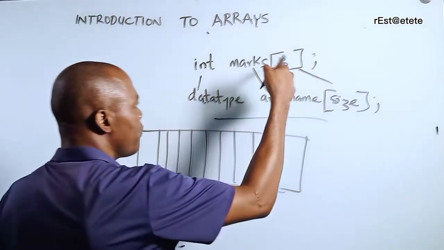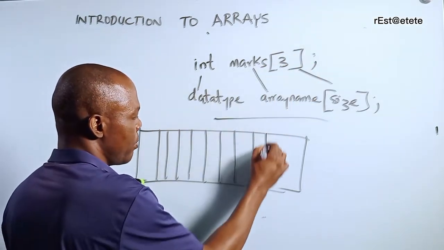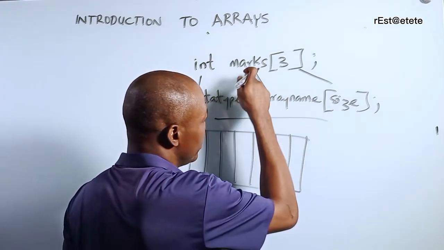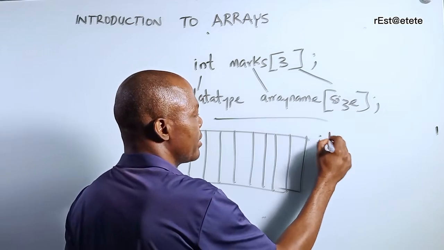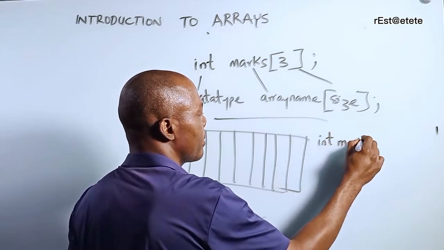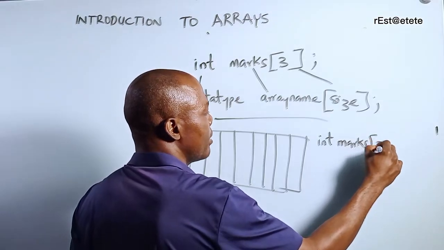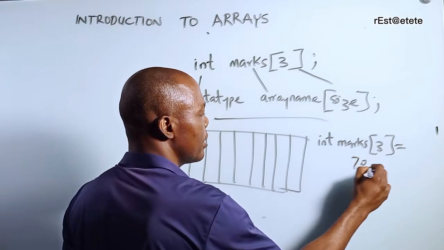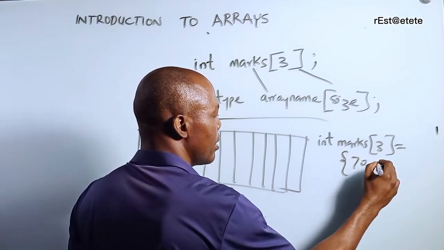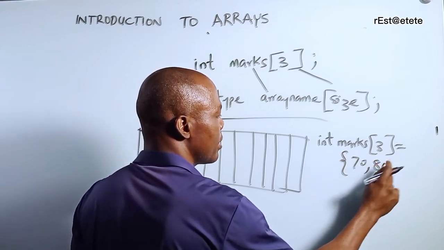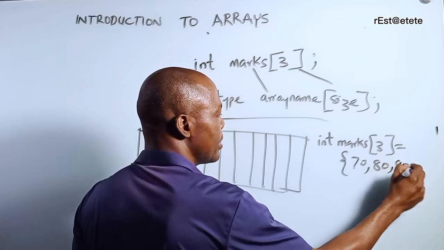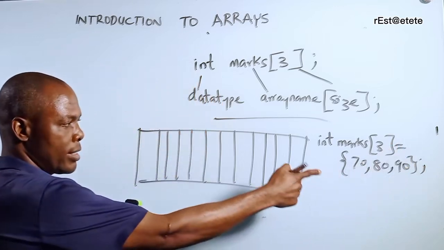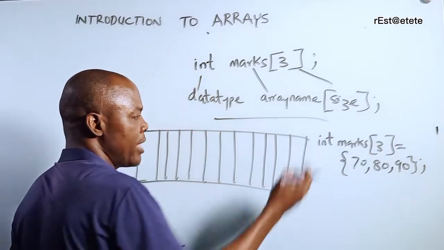So if I have an array, int max[3], then I assign 70, 80, and 90 to it. So that is how I'm going to declare my array and initialize it.